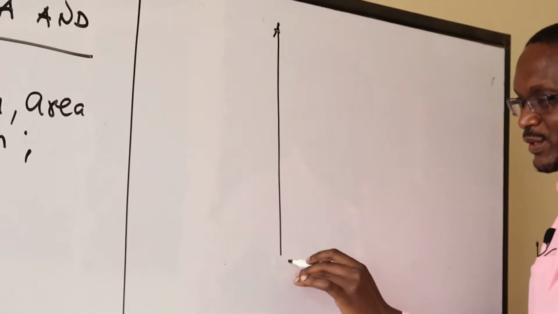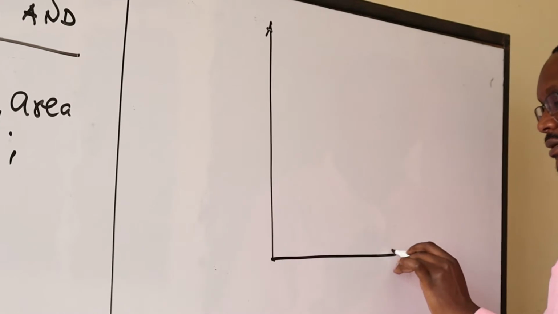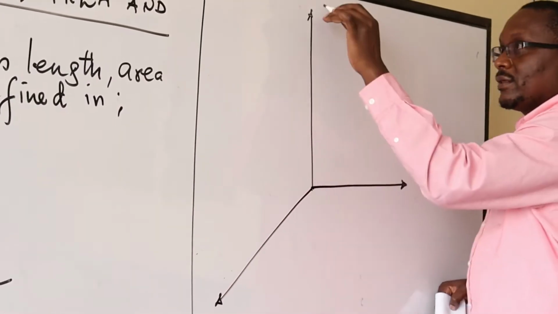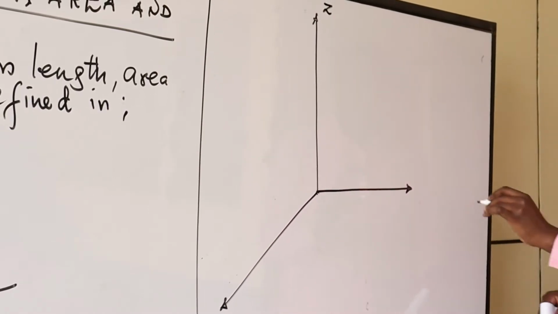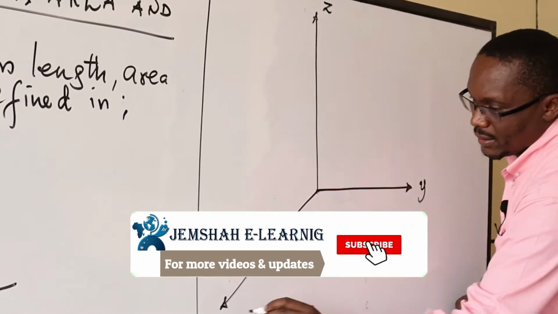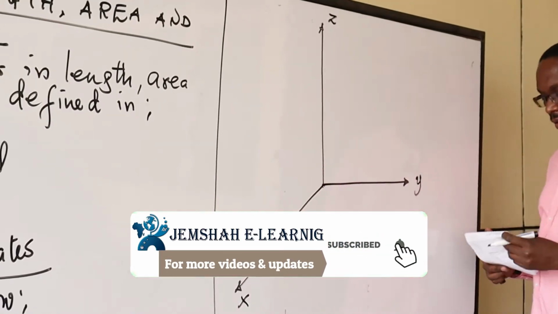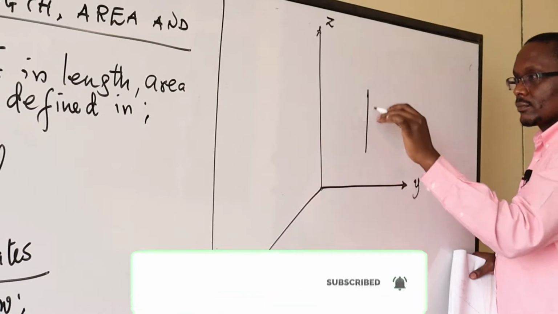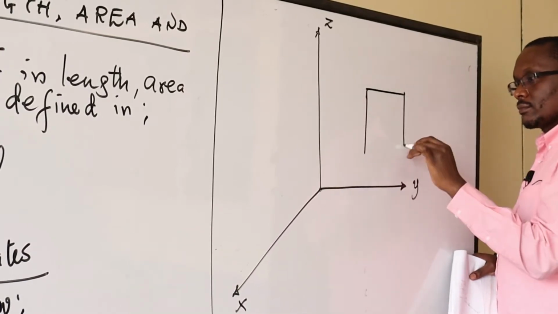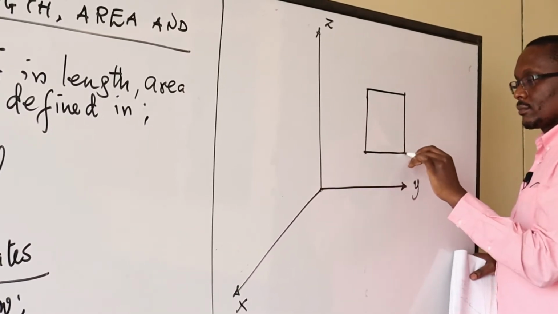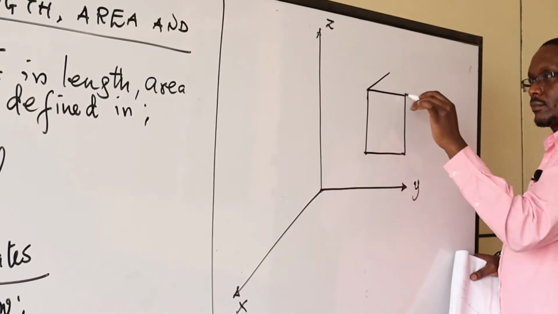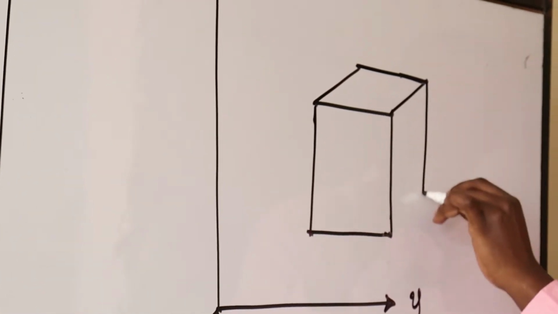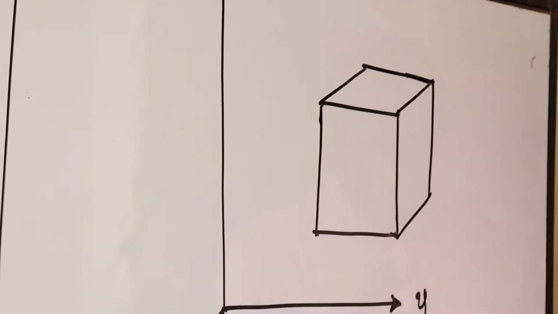We are still using the right-hand rule, where this is Z, we have our Y there and X, so that we can have our surface here.